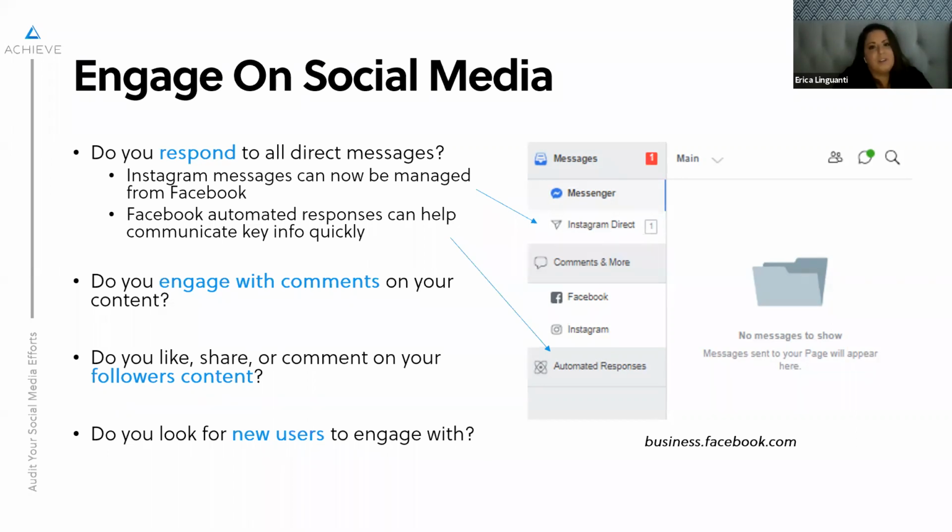Also, especially if you're looking to build your community online a little bit, look for other content to engage with, other accounts, whether that's other nonprofits in a similar space as you in other parts of the country, or people that may have an affinity for what you do. If you are focused on recycling, there's all kinds of hashtags and geotags that you can search to find other people that are doing some of that volunteer work already that may have an affinity for you. So look for new people that you can engage with as well.